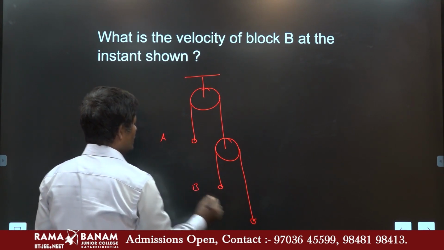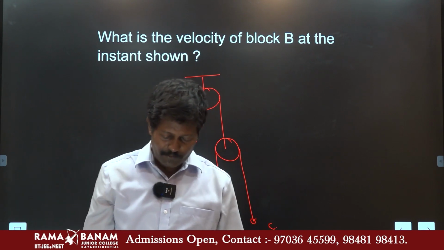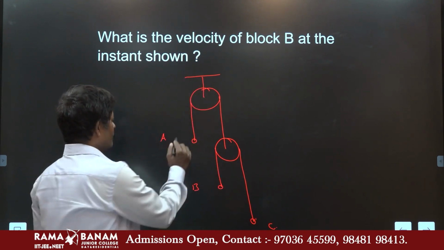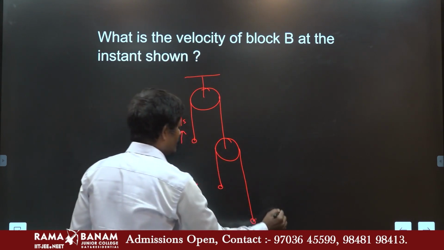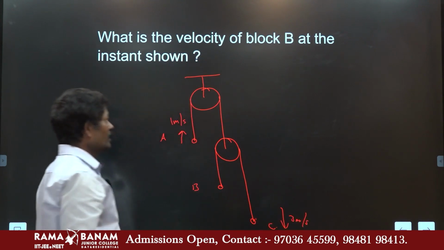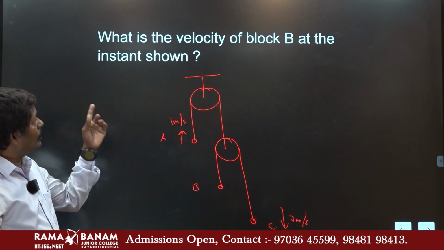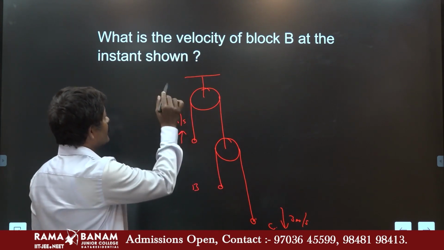The velocity of A, I will take 1 meter per second, and C is 3 meters per second downward. So in this problem, we want the velocity of block B. Block B is here at the instant shown.